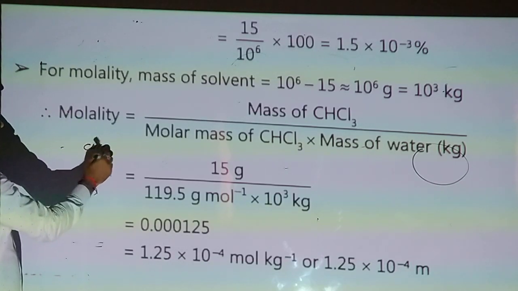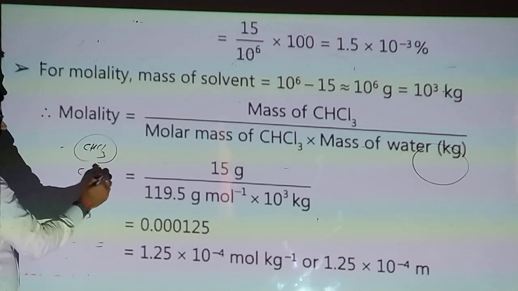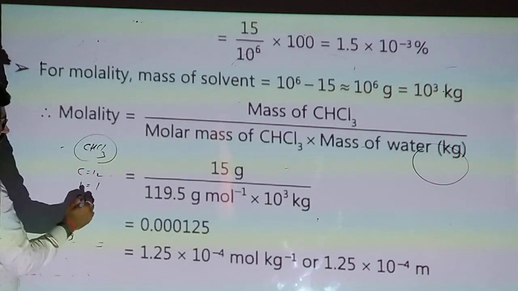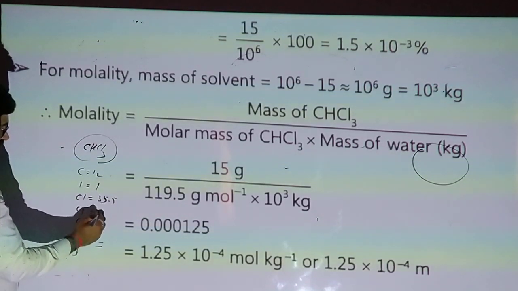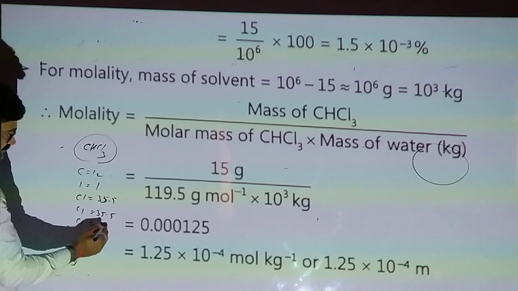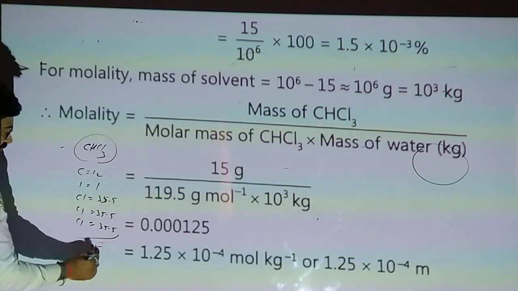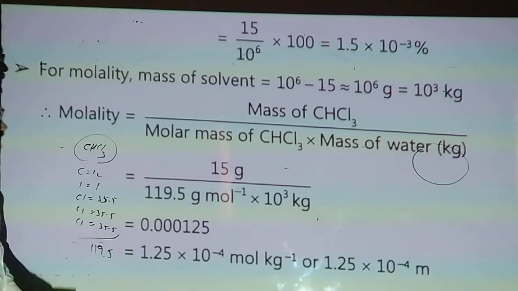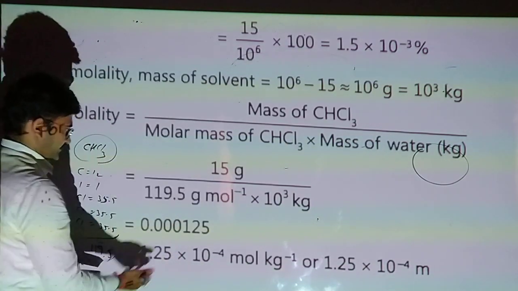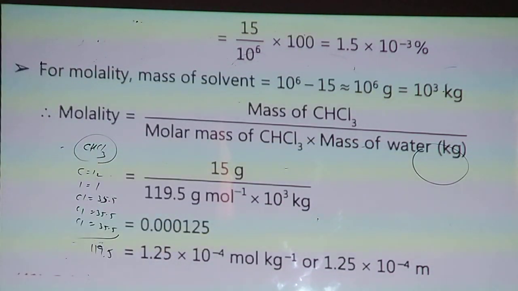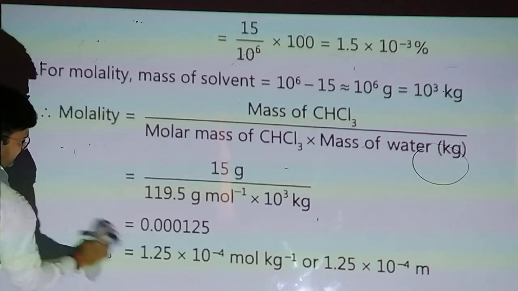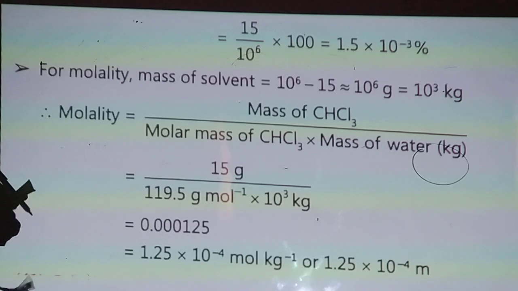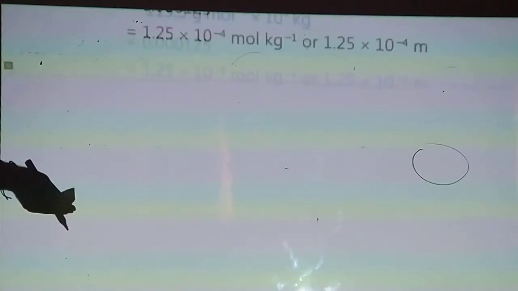Yes, molecular mass of chloroform: carbon 12, hydrogen 1, chlorine 3 times 35.5. So 119.5. And mass of water 10 raised to 3. So 0.000125. So 1.25 into 10 raised to minus 4 mole per kg means the molality.